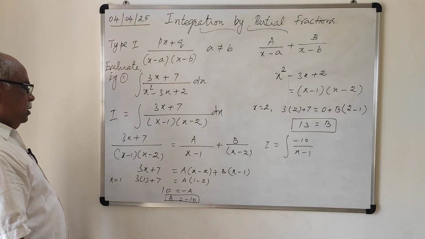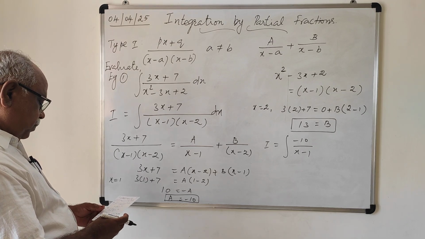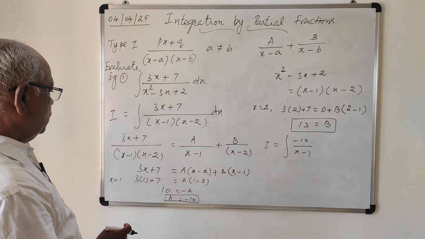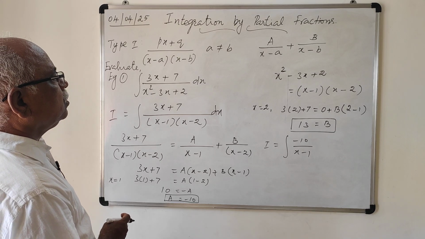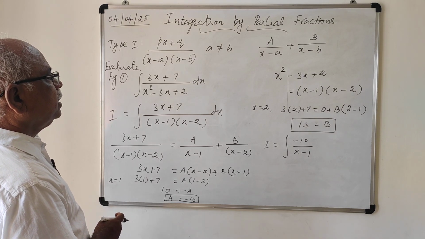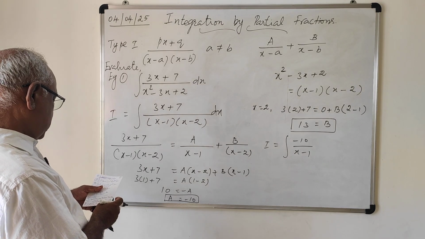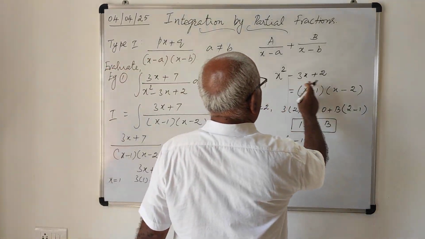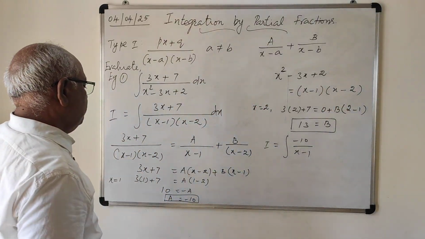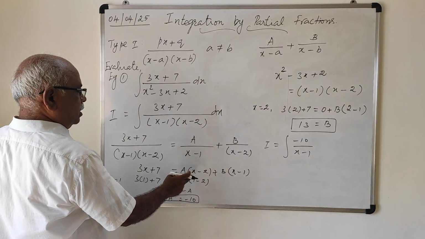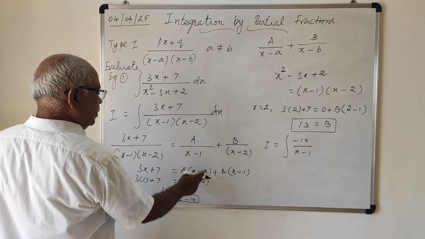A equal to minus 10 by x minus 1. A equal to minus 3. Minus 1, minus 2, minus 3, plus 2, right, okay. If you put x equal to 1, 1 minus 2 is minus 2.